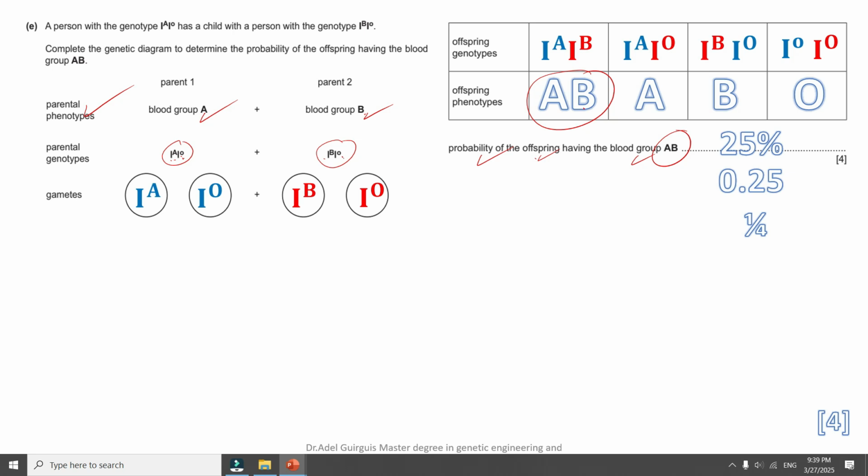Okay, 1 out of 4 carries the AB heterozygous blood group.